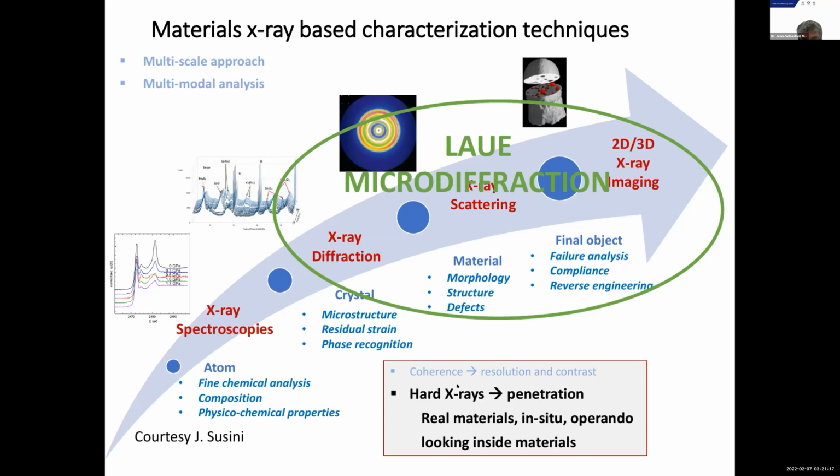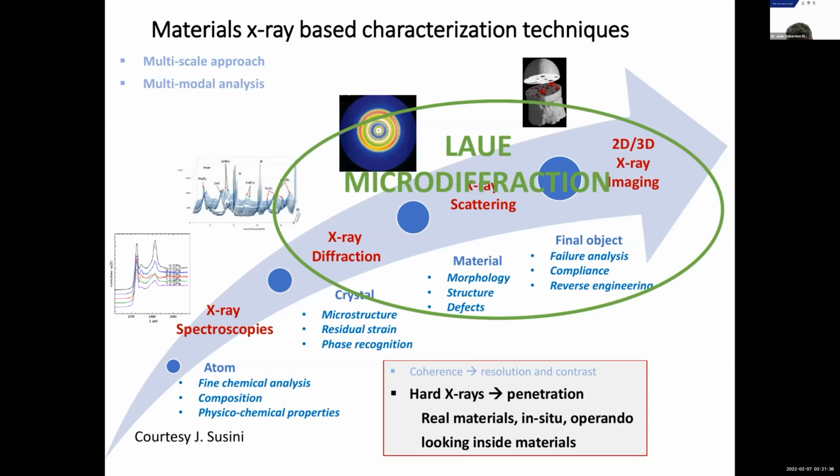And this is really suited for the study of microstructure, because with hard X-rays on the beamline, you can penetrate the sample, so you are not limited to the surface, to the first nanometers of the sample.